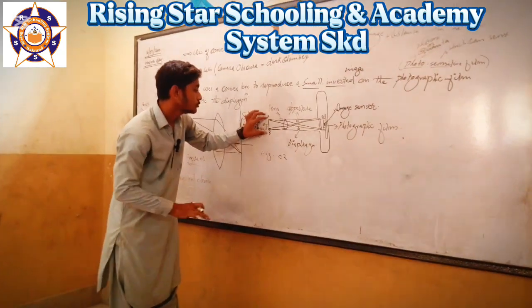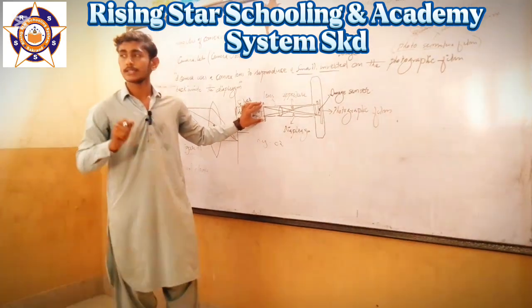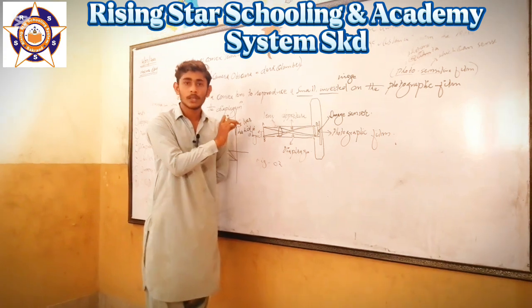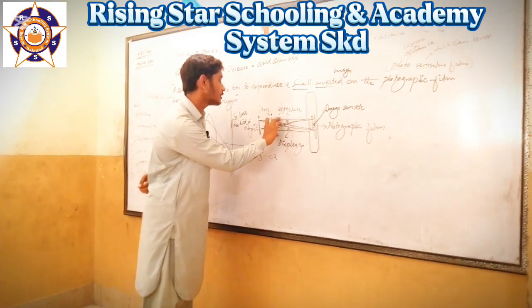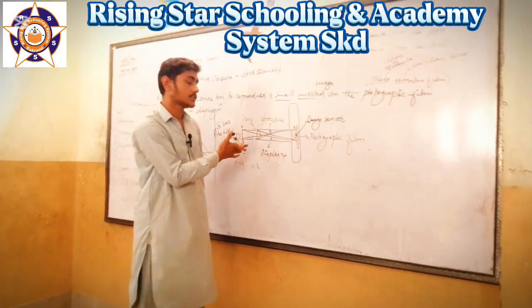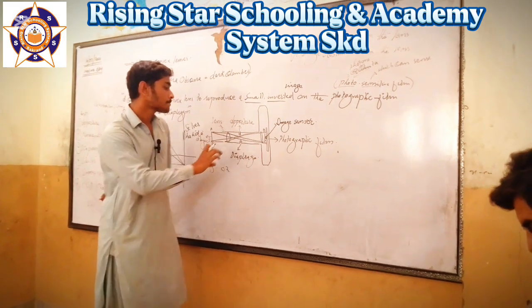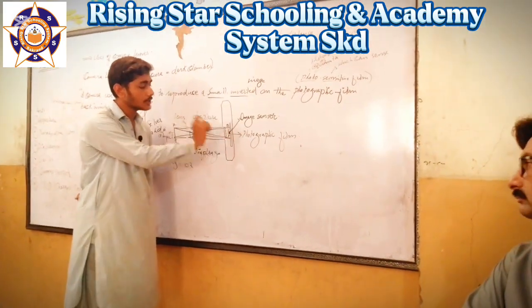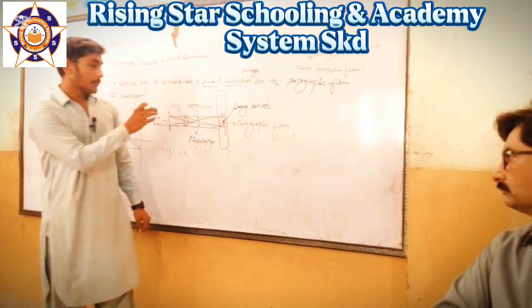You may have observed that this is point A of the object and this is point B of the object. Whenever we pass this image through this lens, point B is on the top side and point A is on the bottom side.